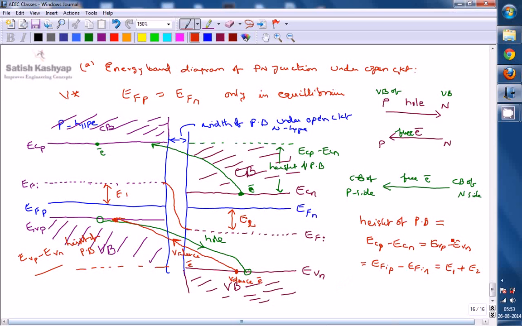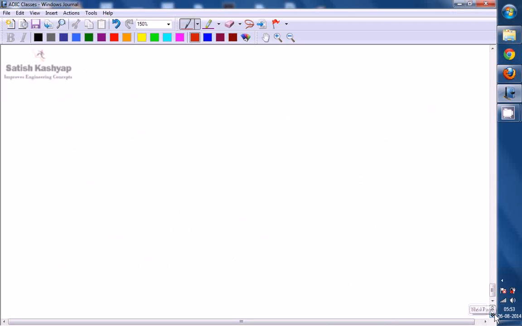We have already seen these equations. So height of potential barrier under open circuit is E0, and we write it as E1 plus E2, where E1 is EFi minus EFp, which equals KT ln Na divided by Ni.